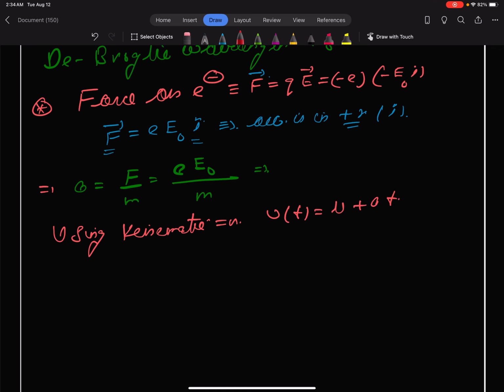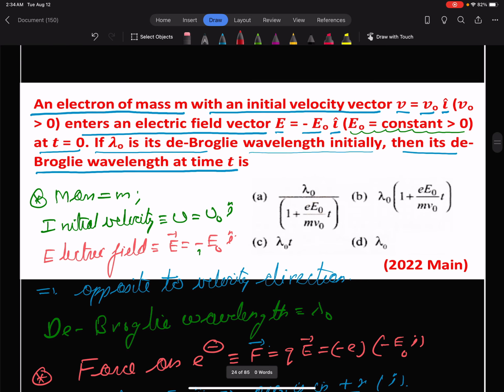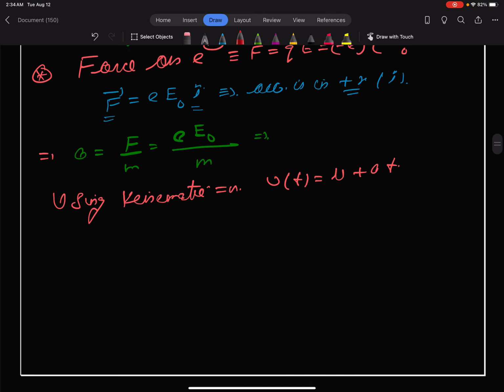Initial velocity is given to us as v naught. Therefore velocity at time t is equal to v naught plus acceleration, which we found out is E naught upon m, multiplied by t.